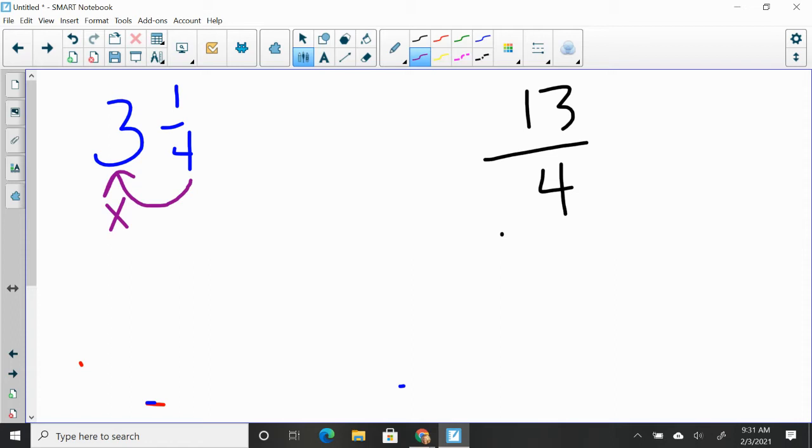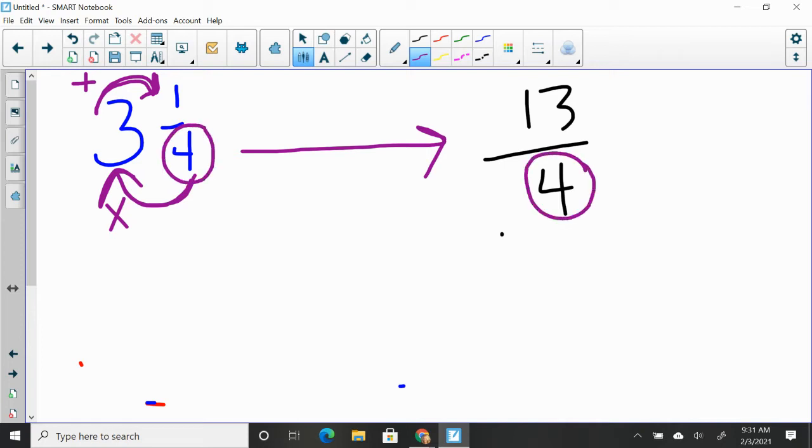Okay. So that is 12 plus 1 more is going to be 13. And that's how I get the 13/4. Okay. So I take my denominator, I multiply it by the whole number, and then I add the numerator. My denominator stays the same.